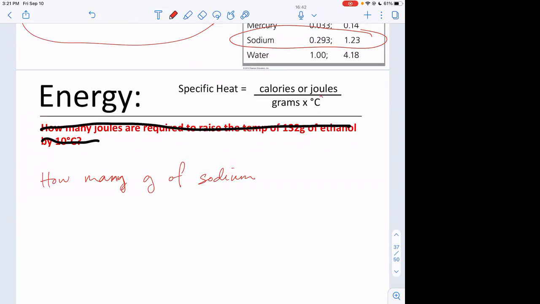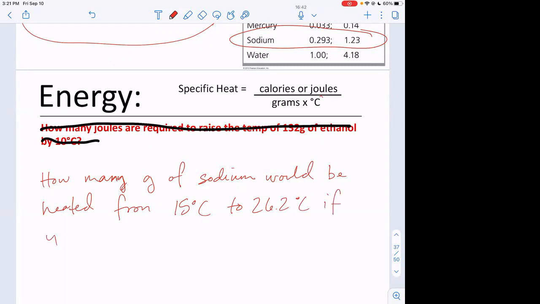How many grams of sodium would be heated from 15 degrees Celsius to 26.2 degrees Celsius if you apply 7,600 joules of energy?